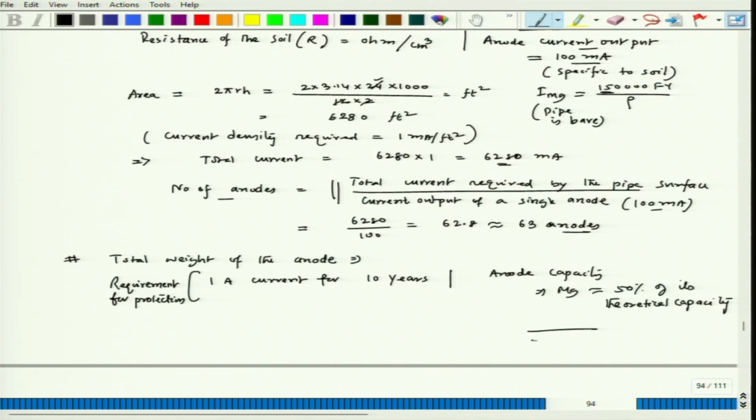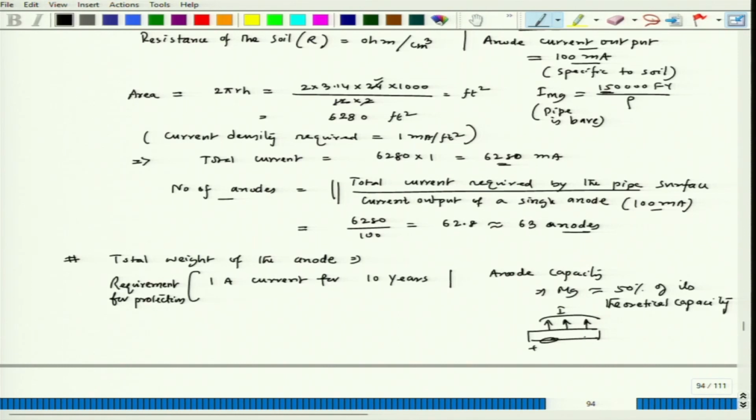For example, if we have a magnesium rod, whatever dissolution happens, whatever current output it gives, that will be entirely used up by the pipe. So, that time we do not have any self dissolution, like, for example, there could be local cells.